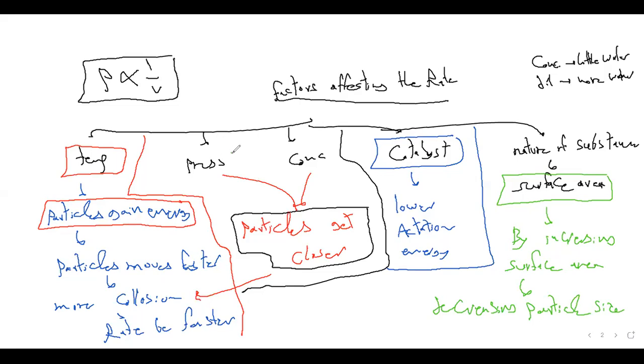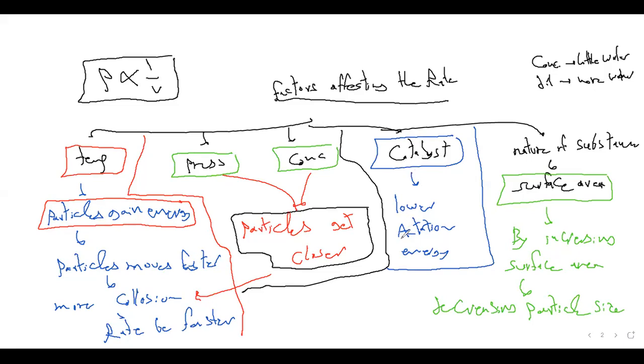In case of pressure and concentration, the particles get closer, then more collisions and a faster rate. A catalyst is a chemical substance that increases the rate of reaction without being changed or used up, by lowering activation energy.